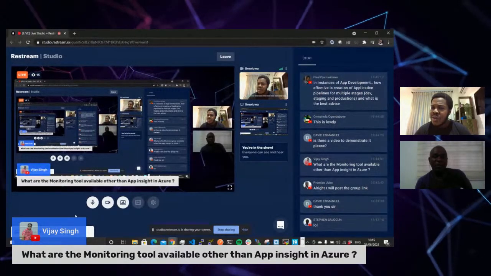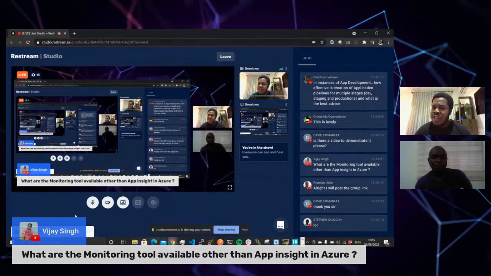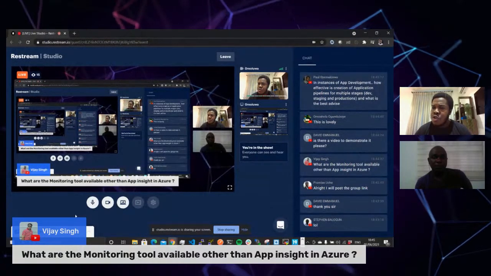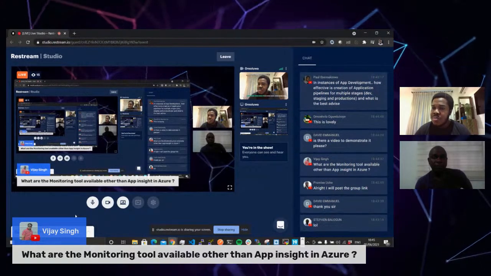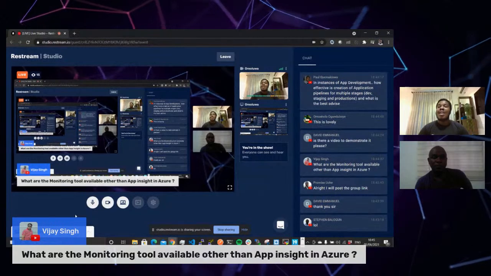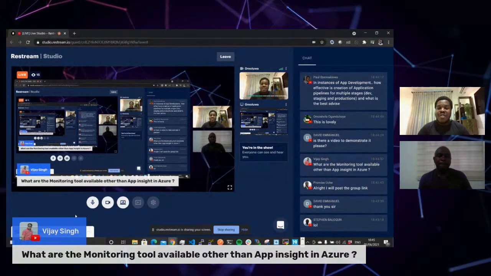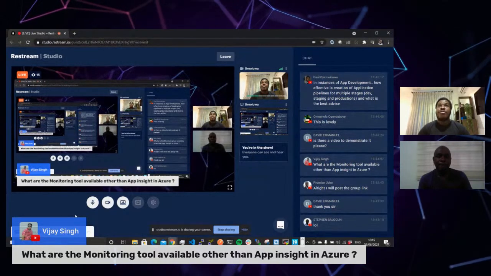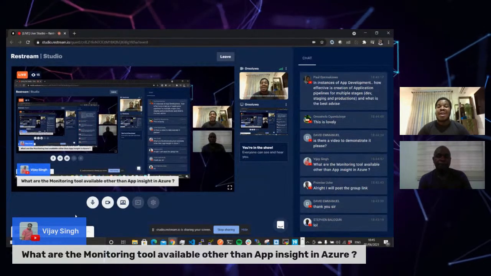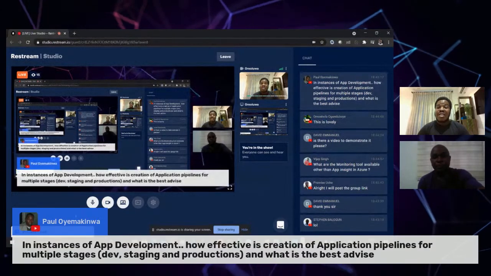We have another question: in instances of app development, how effective is the creation of application pipelines for multiple stages? What's the best advice? Okay, the whole reason why you create a multi-stage environment is to give an extra level of assurance before it gets to deployment.